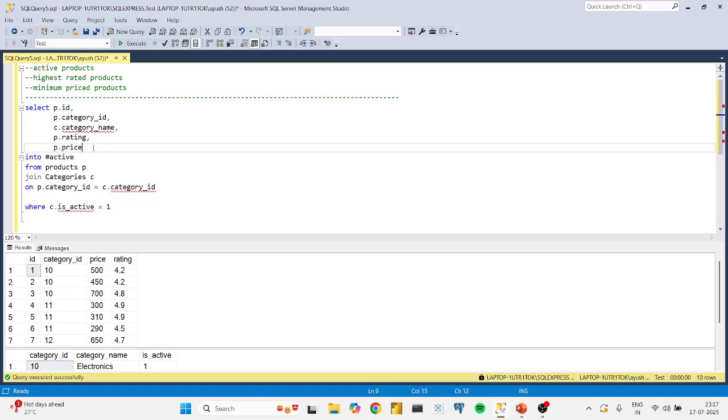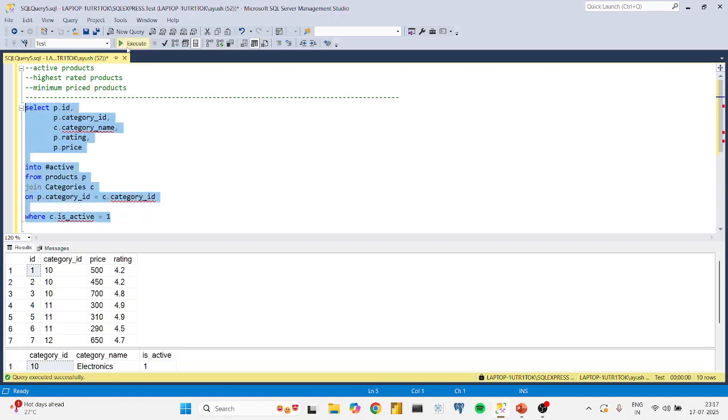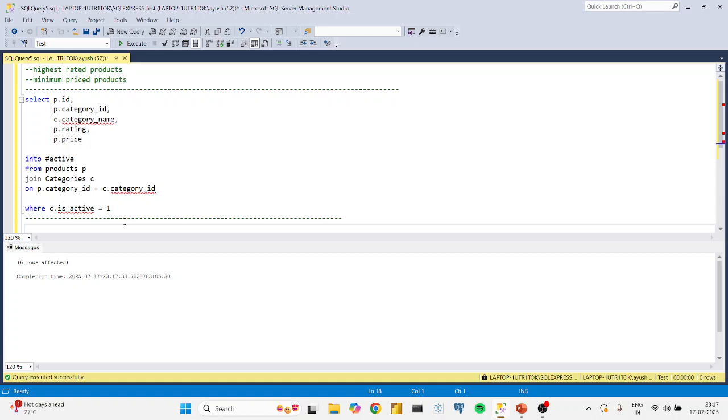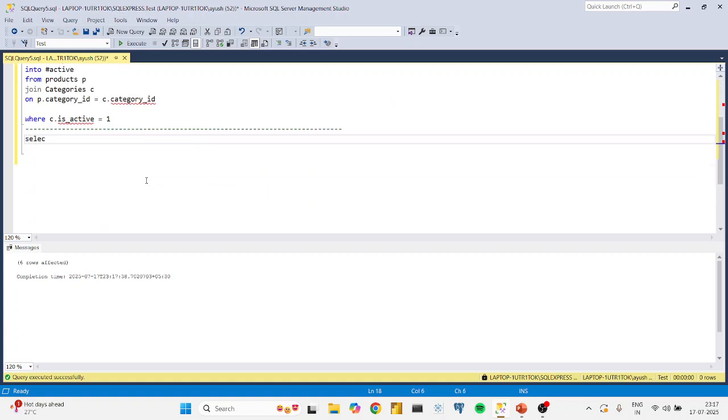Let's run this and see if we can get any results. Okay, 6 rows affected, so let's look at our temporary table, select star from active.